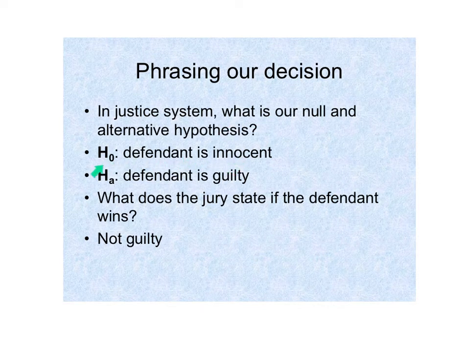That's our default hypothesis, because our system says innocent until proven guilty. But if we find evidence that contradicts this, then we believe the alternate hypothesis that he's guilty. But we need to find evidence first.